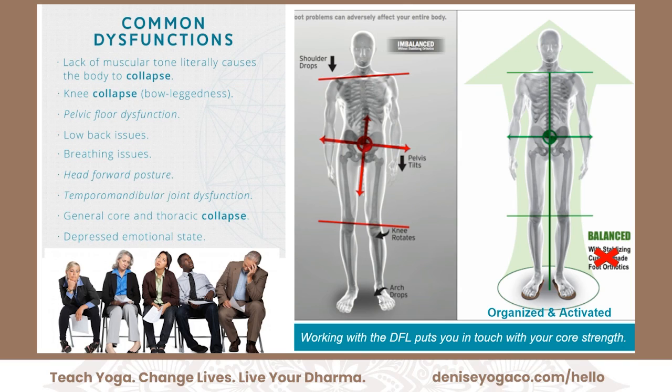Here you can see the arch dropping and the knee wants to fall in and might even rotate. So I thought this was a pretty good image, but I'll tell you where this image is from. It's from somebody selling foot orthotics. And so they're showing over here, well, the solution to arches dropping and inner body collapse is orthotics.